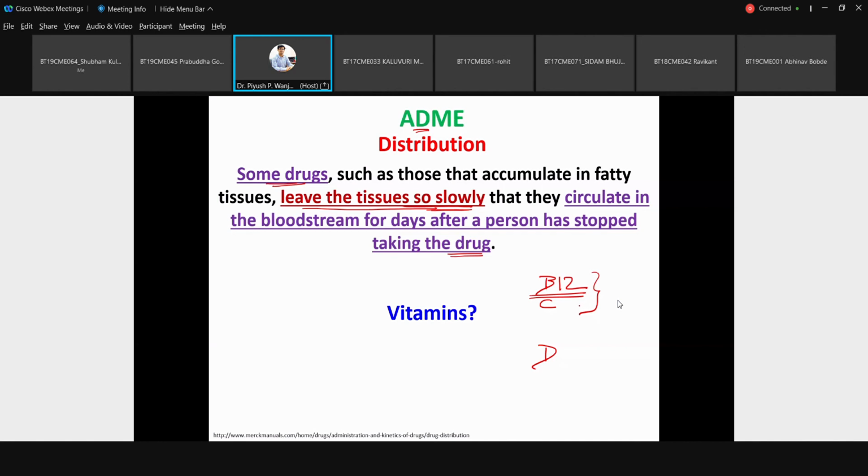Even if there is some extra concentration, they are not held in your body for a longer time. But vitamin D, which is normally produced when you are in contact with sunlight, if you take it externally because of a deficiency, remains within your body for up to 2 to 3 months because it is fat soluble.